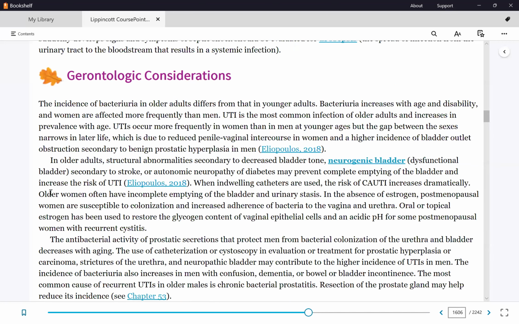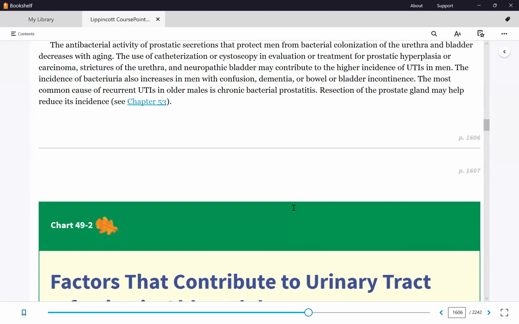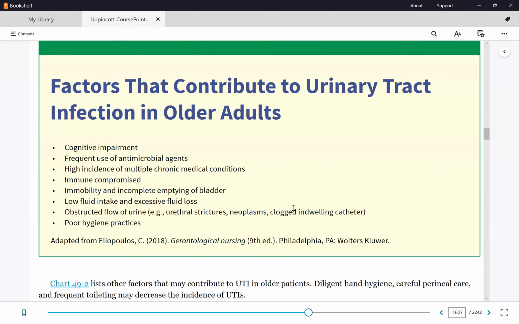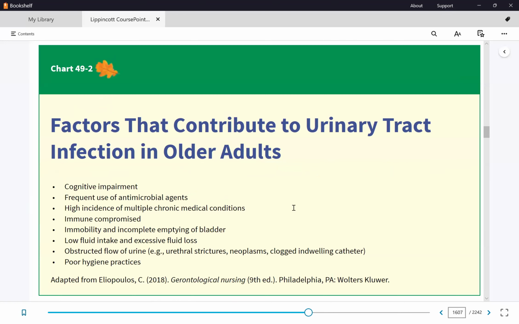So I mentioned the neurogenic bladders, which increase the risk. Under the gerontologic considerations, on top of being female, the elderly also are at high risk for UTIs. Male or female, same. And we have a special chart for the elderly.